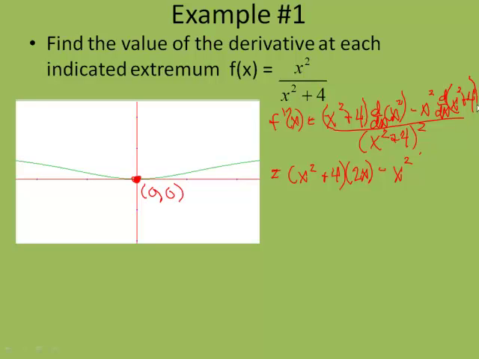And this is just going to be able to be taken piece by piece. So the derivative of x squared was 2x, and then plus the derivative of 4, which is a constant, so 0. All over x squared plus 4 squared. Now I'm going to simplify. If you can simplify ever, do that.